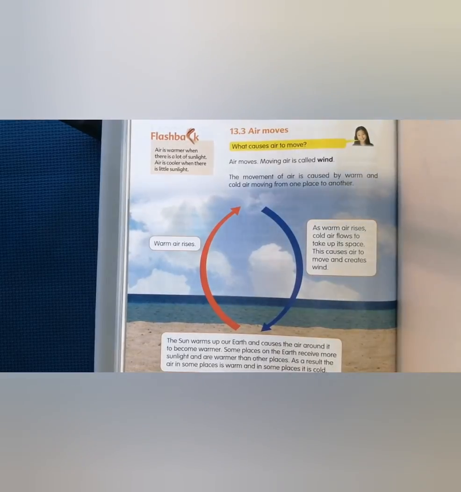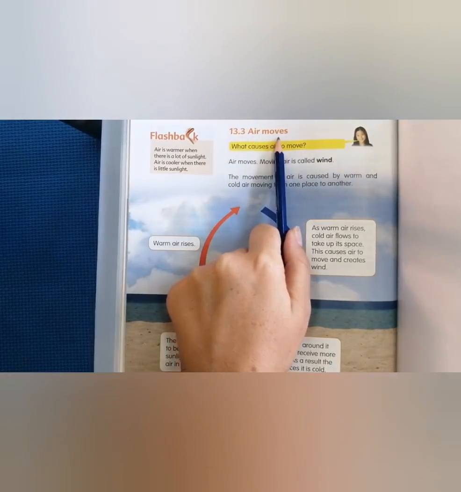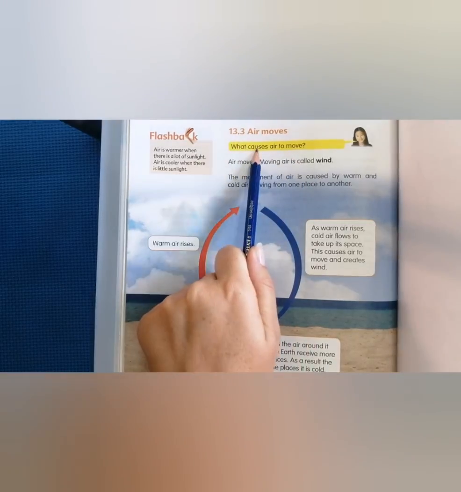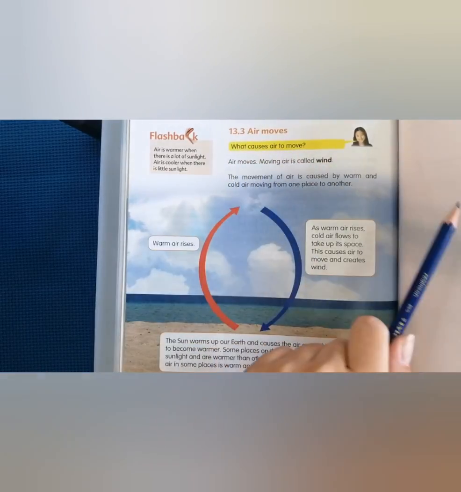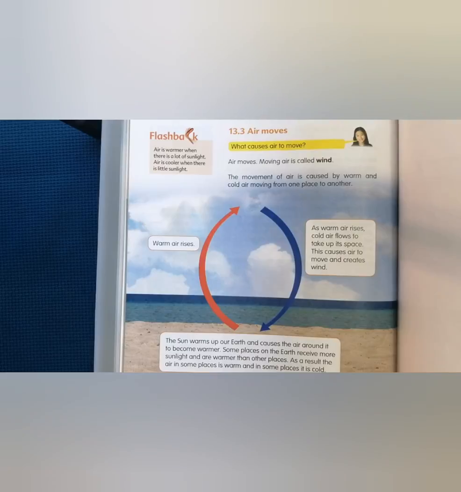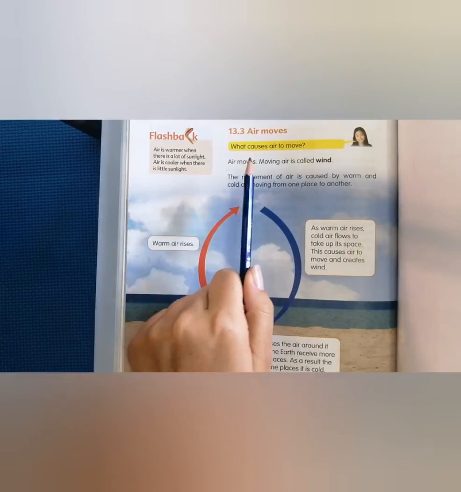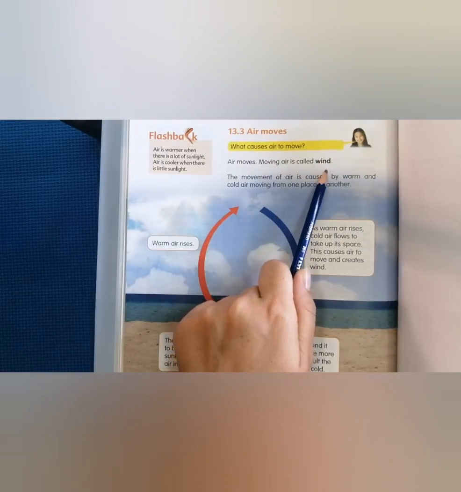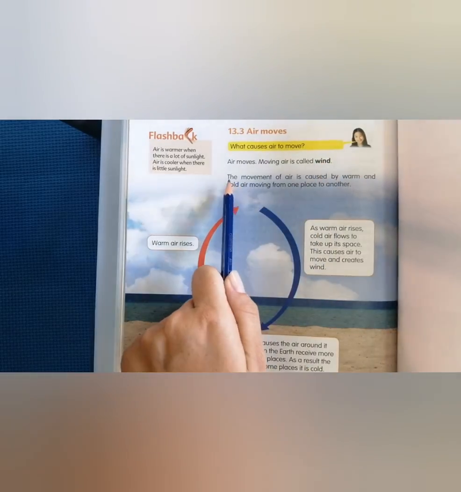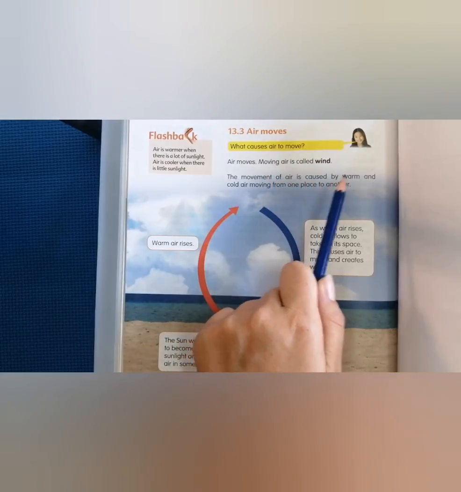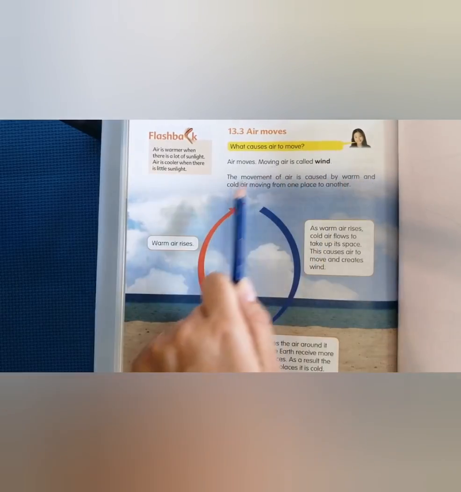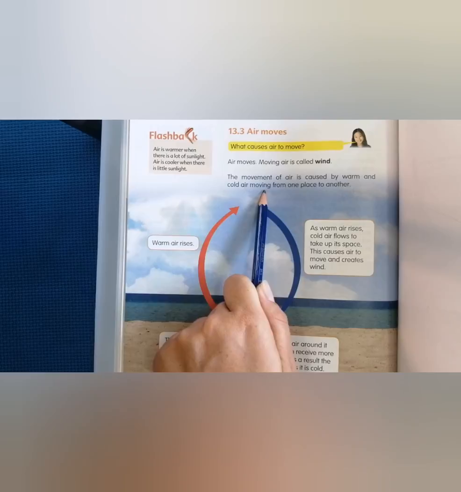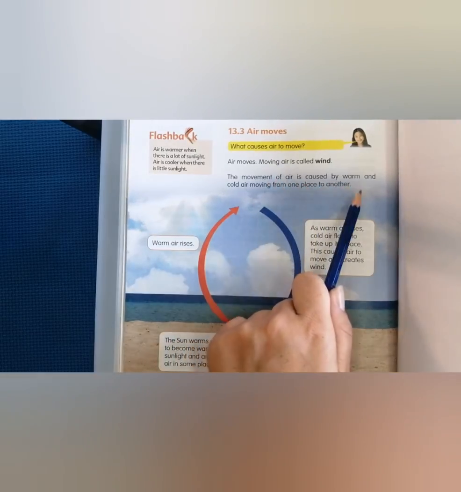Okay, now we're going to learn about air that moves. What causes air to move? Well, let's first find out what is moving air called. Wind. Moving air is called wind. So, the movement of air is caused by warm and cold air moving from one place to another.